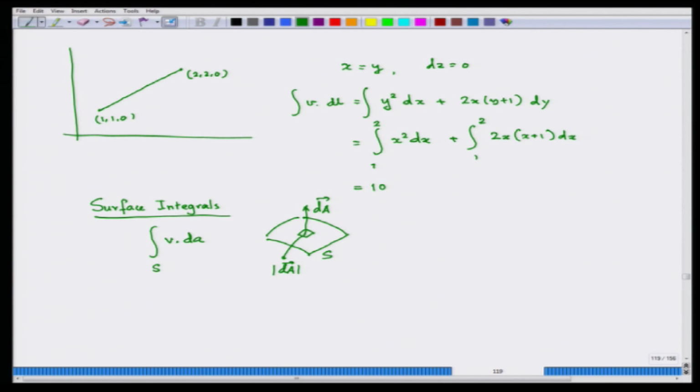So, we will just take an example here. You take an example of a V vector.